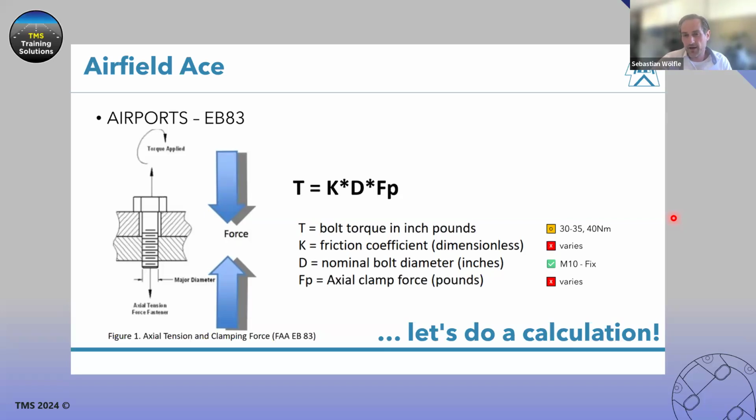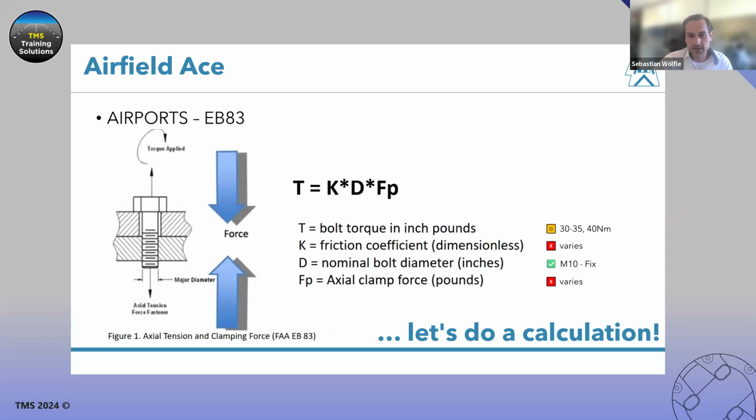If you have a bolt system which is lubricated, either dry or wet, then this friction value will come down to approximately 0.1, which then increases, at the same level of torque, the final outcome of force up to 4 kilonewton. That's how sensitive this is to the K value at the same torque levels.